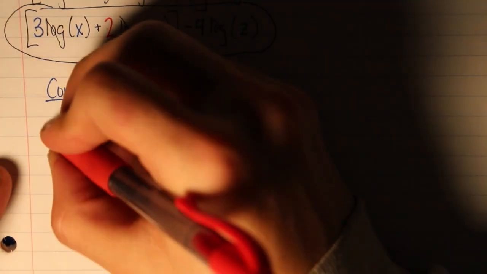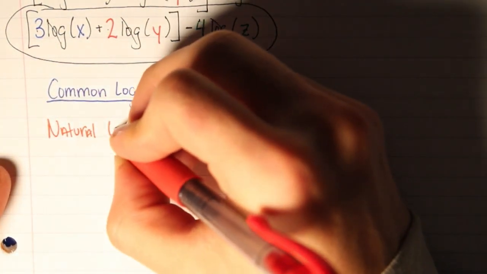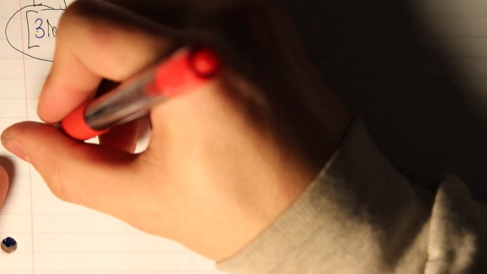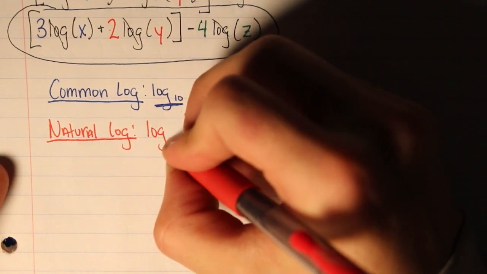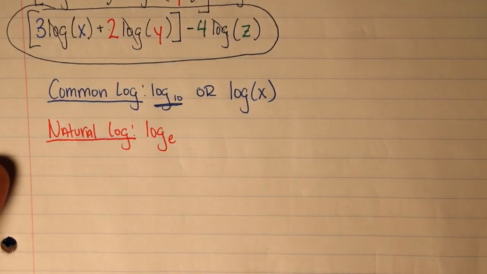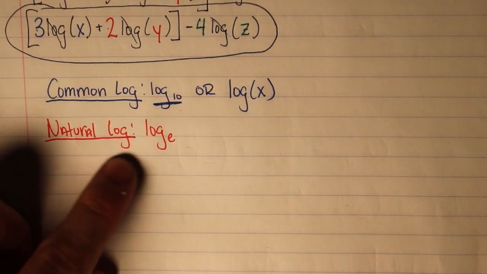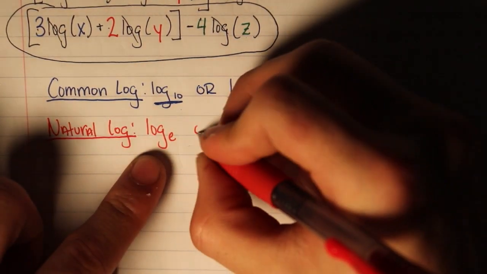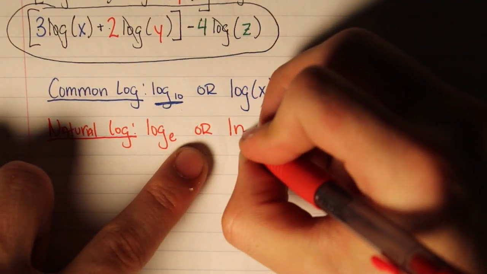And then the natural log. You don't have to know what e is because there's a button on your calculator for it. It is just log base e. If you see a natural log, it's just saying the base of it is e. It's just a different way to write it. The different notation is ln.